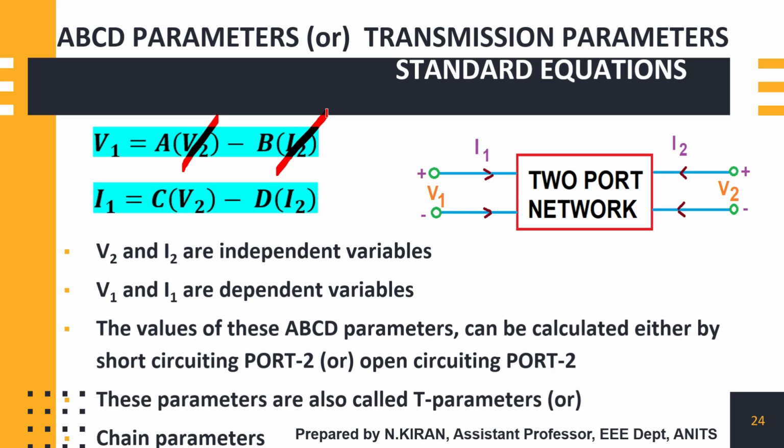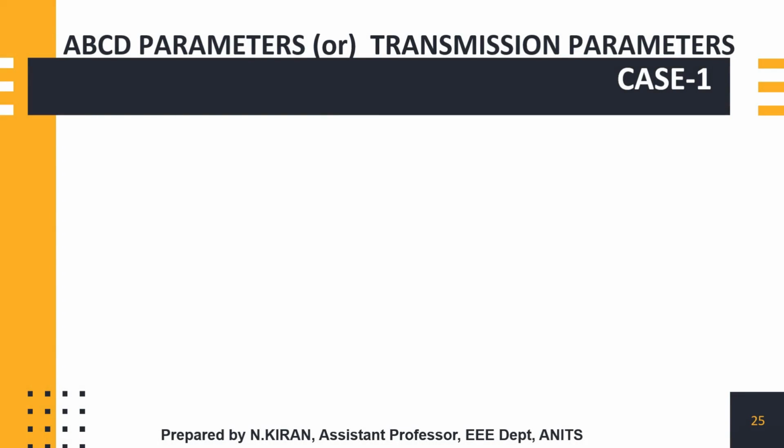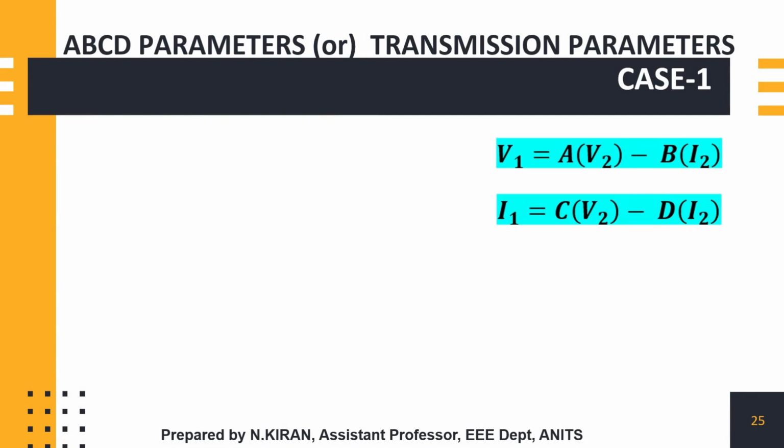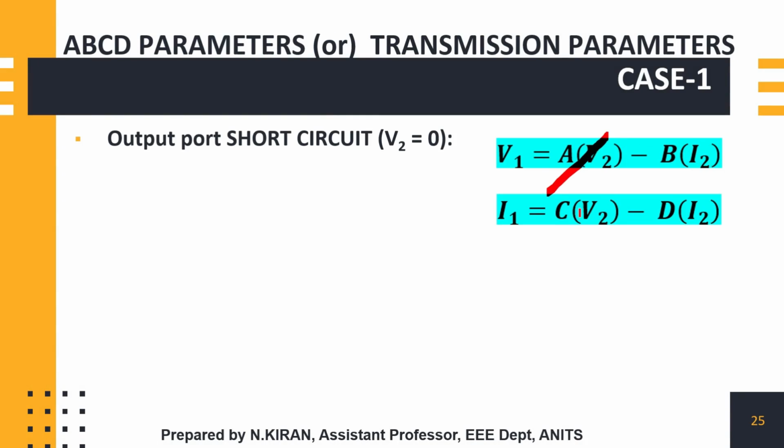So the other names for these parameters are chain parameters as well as T parameters. In the first case, if I consider short circuiting of port 2, these two terms become 0.